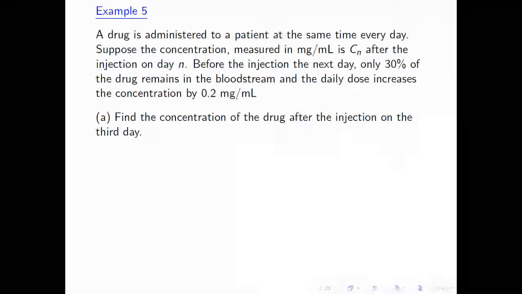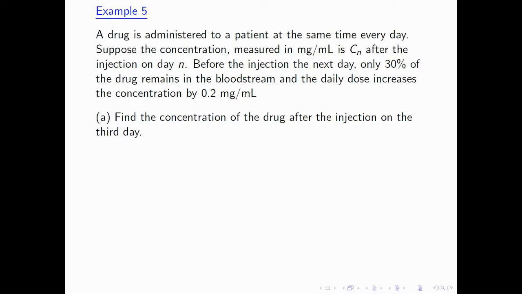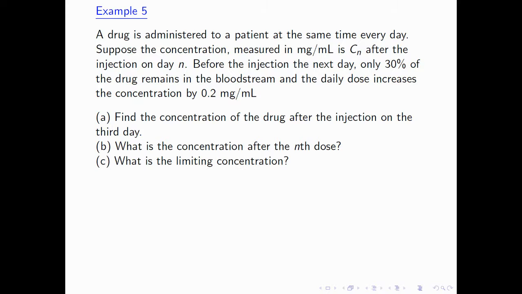Find the concentration of the drug after the injection on the third day. Question B says, what is the concentration after the nth dose? And C says, what is the limiting concentration?